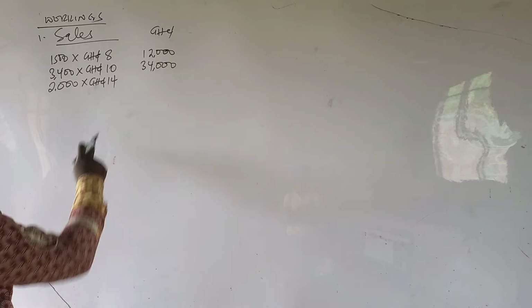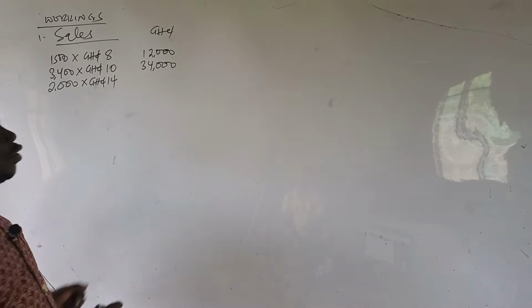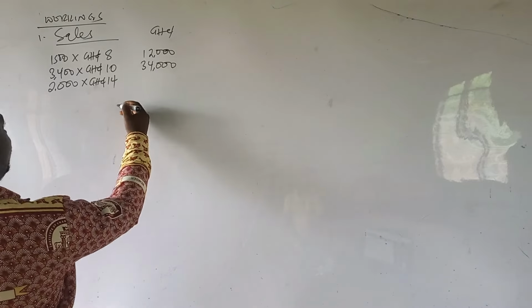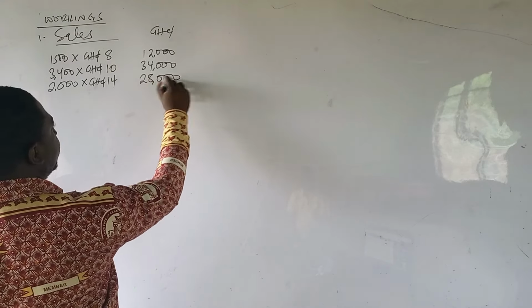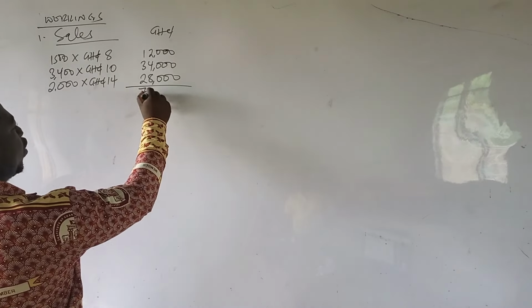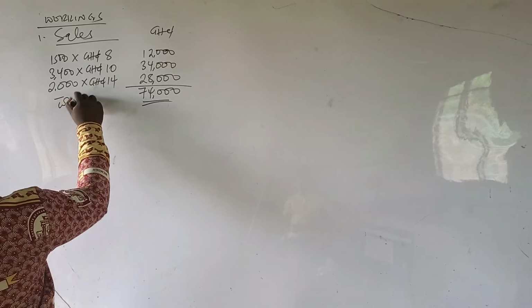These are the selling prices that we were given in the question, which we did not use. We are now using them to find the value of sales. So that is the purpose for giving you that. So 2,000 times 14 is going to give us 28,000.